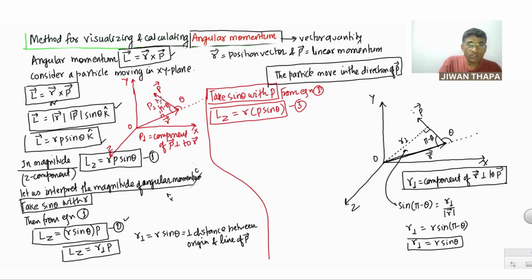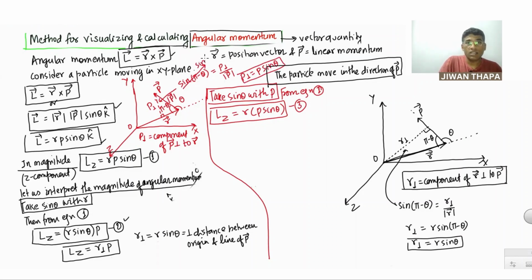Now in this triangle, let us find sine pi minus theta. This gives me P perpendicular as the perpendicular, and the hypotenuse is the magnitude of linear momentum. Therefore P perpendicular equals P times sine theta, because we know sine of 180 degree minus theta is sine theta.